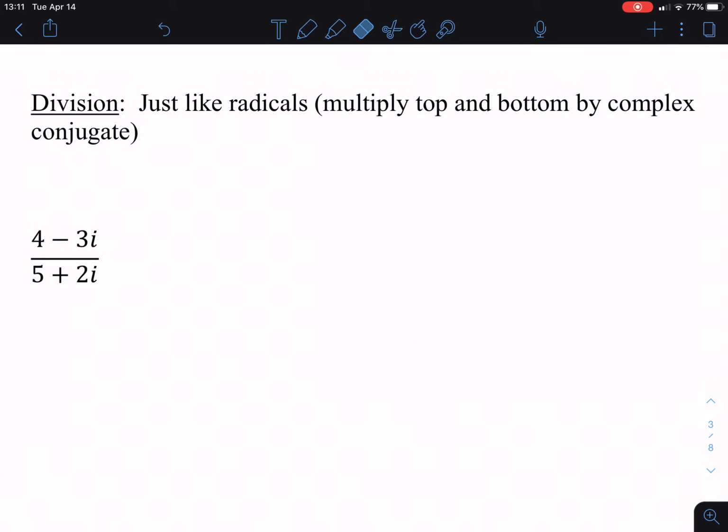Okay, lastly, we're going to look at division of complex numbers. So the big thing you need to realize about a complex number is that when we talk about i, remember that is still equal to the square root of -1. So i is a radical.